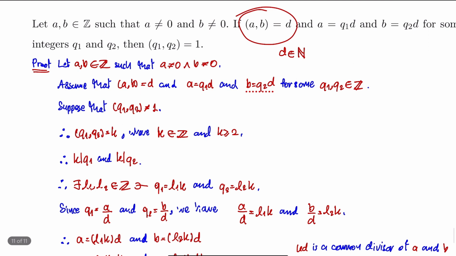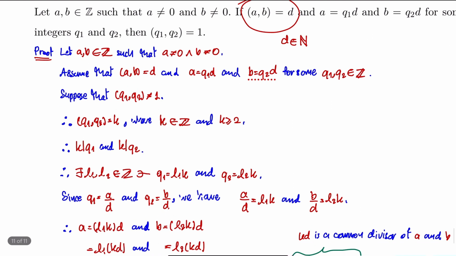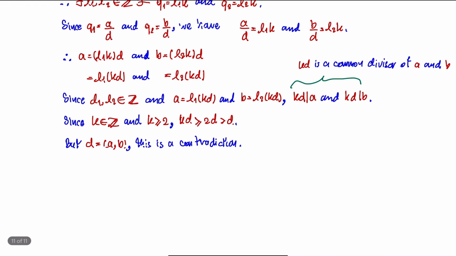So that means that what we supposed right here is wrong. Therefore, the greatest common divisor of the quotients is going to be 1.